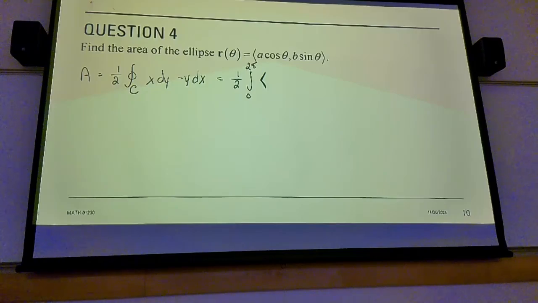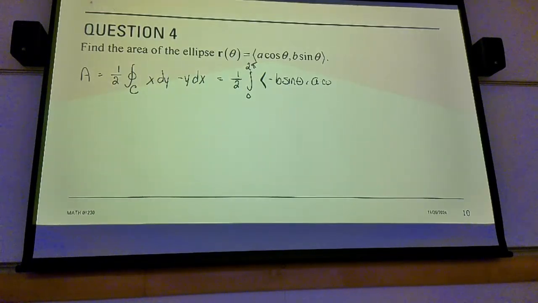How'd you get that? Differentiating r of theta. Why are you differentiating? Because I don't want dr yet. Oh, that would be the dr. That's what we thought, yes. So I agree once we get there. What is the vector field evaluated along the curve? Negative b sine theta, a cosine theta.